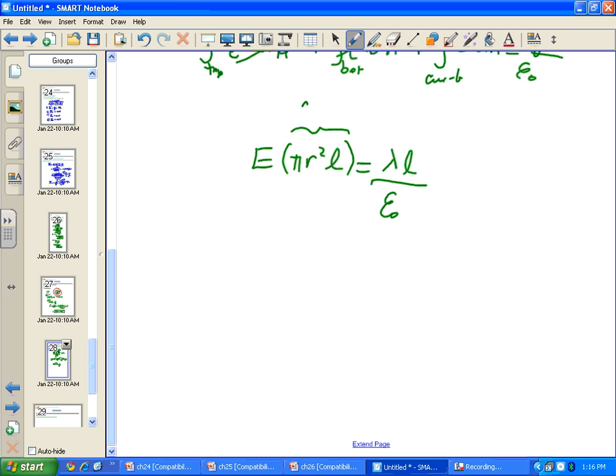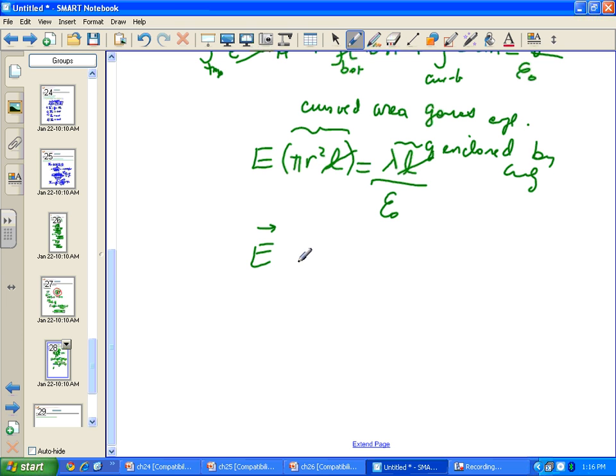This is the curved area of the Gaussian cylinder. This is the charge enclosed by the cylinder. We see that the L's cancel, and in fact, E, radially, everywhere radially inward this time because it's negative, is given by lambda divided by pi r squared epsilon naught.